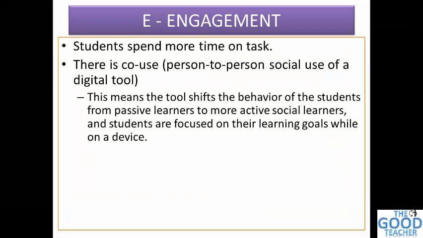So the device shouldn't shift their attention from the learning goal, rather it should focus their attention on the learning goal, and then it should also help them to use the device together, which we say is the co-use. Okay, the tool should be able to help multiple students to use the tool together, which is referred to as the co-use, and this will help learners to be more active, okay, and not just passive learners.